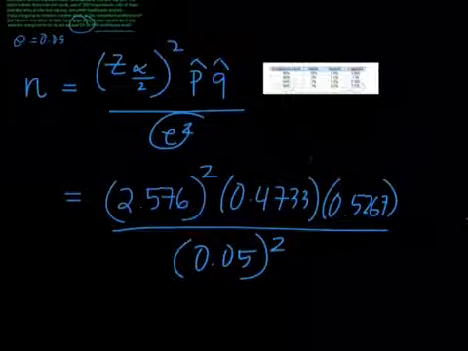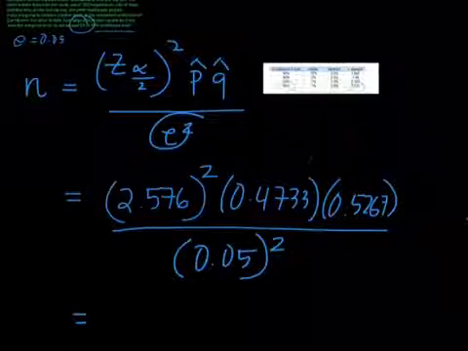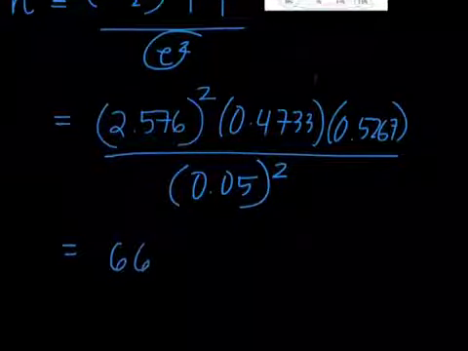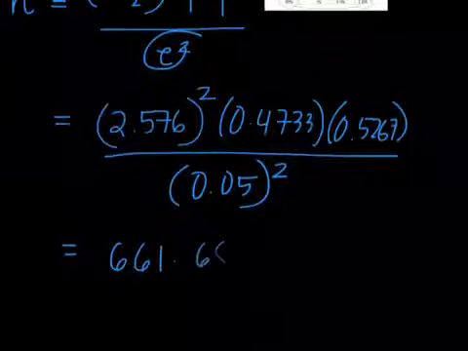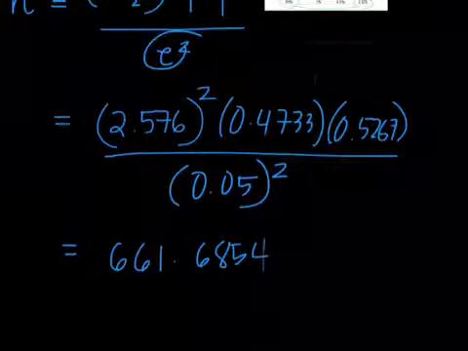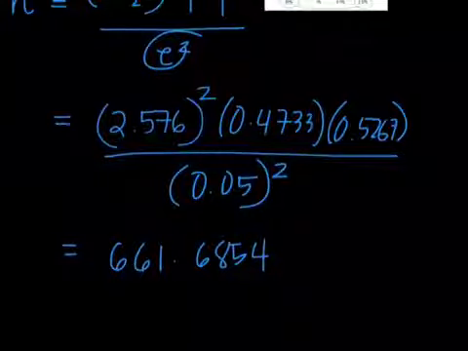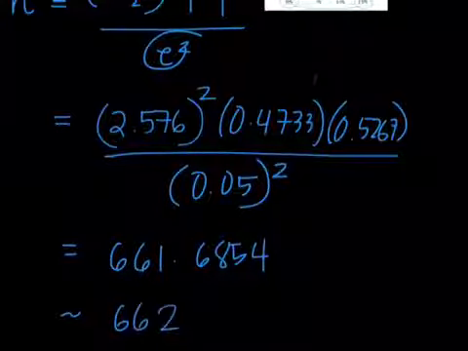And then all we have to do is to compute this by using our calculator. This value is equal to 661.6854, and for sample size, it's always rounding up. So 661.6854 is taken as 662.